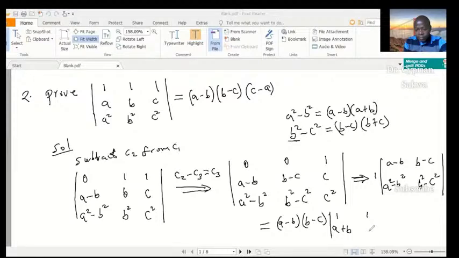So what do I have? What I have is A minus B times B minus C, and this one will give us, B and B gives us 0, so we have C minus A. C minus A as the result. And that's what we wanted to show.